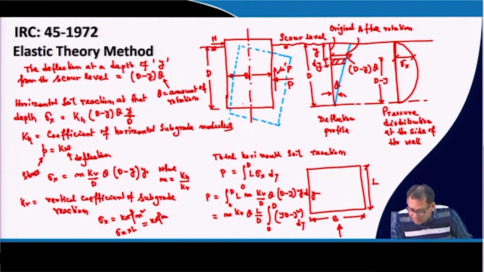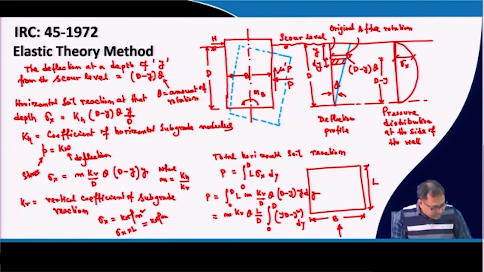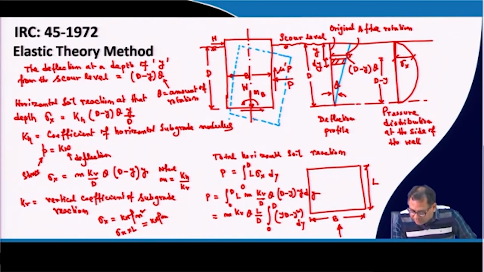There will also be m b, the base moment, and as the well is acting, there will be W, and H acting, and P acting. There will also be friction at the base of the well, and that friction is mu into W.